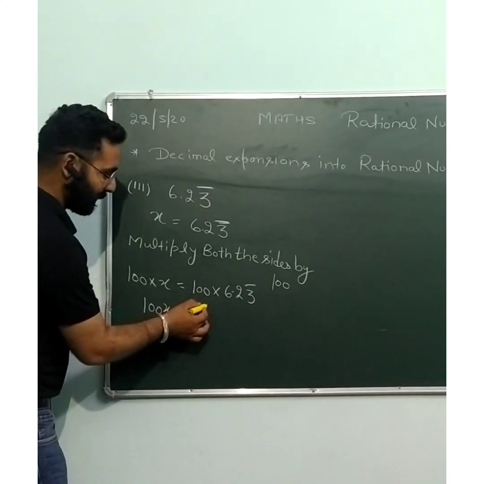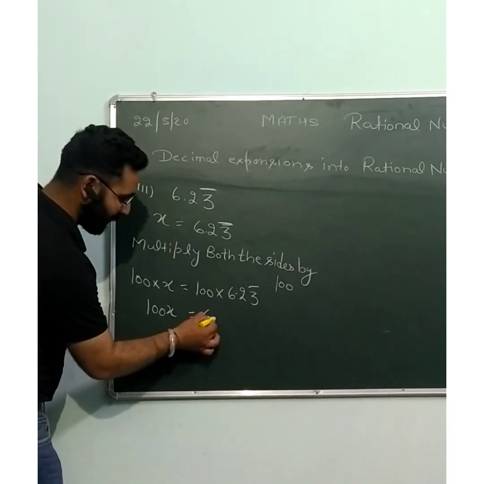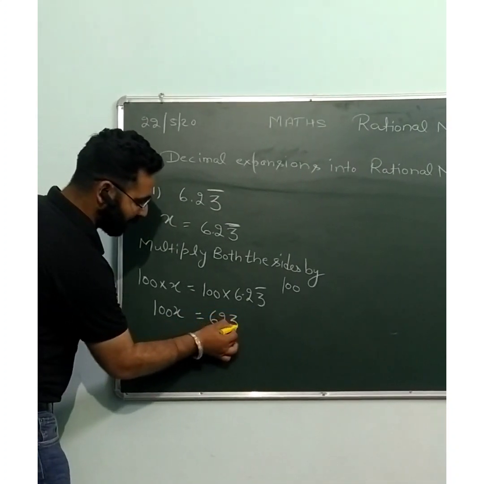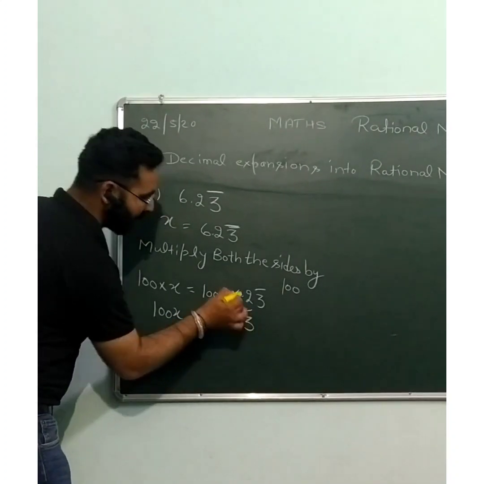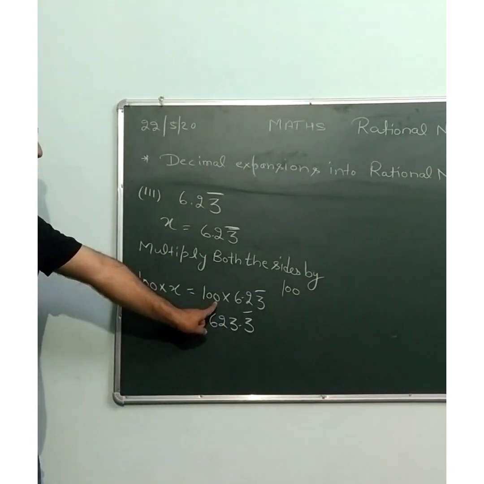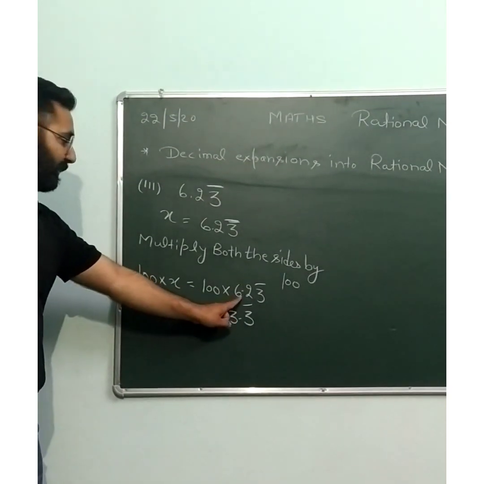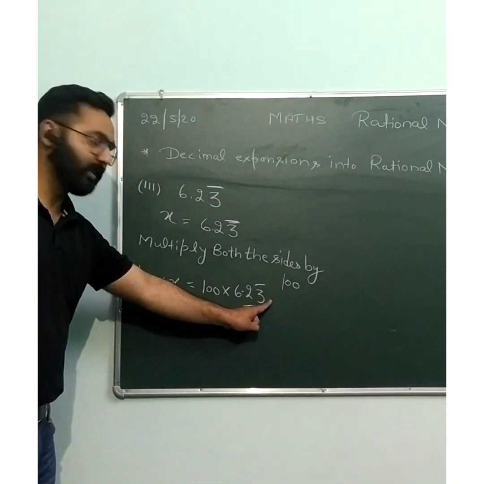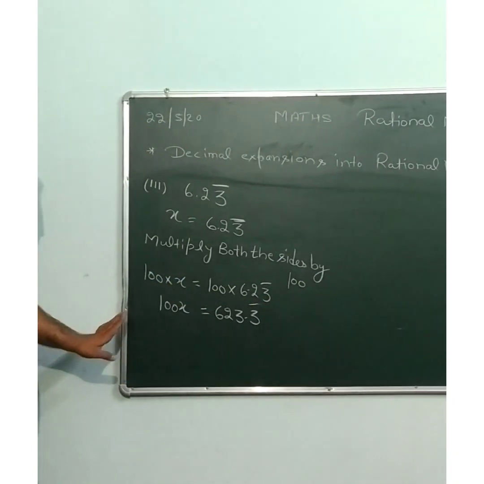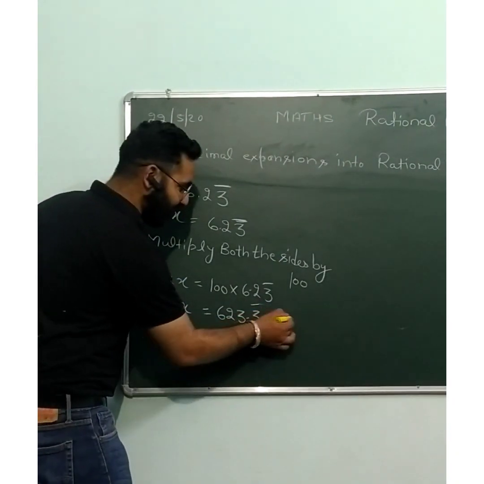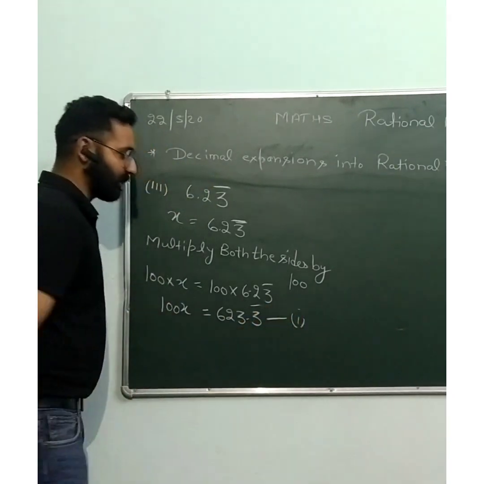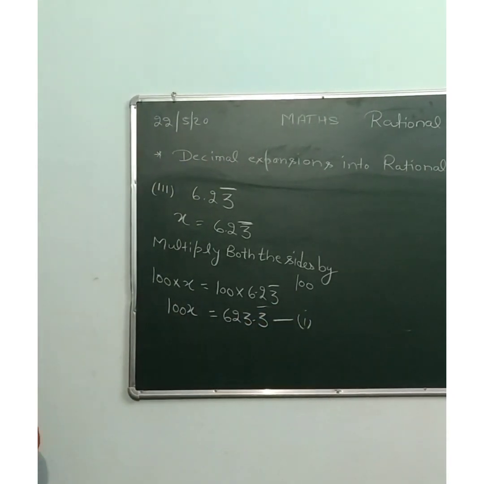Here it will become 623.3 bar, because we are multiplying by 100, so the decimal will shift two places to the right. Fine. So this time we will consider it as the first equation.